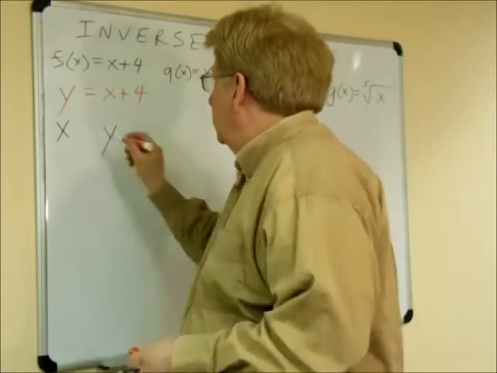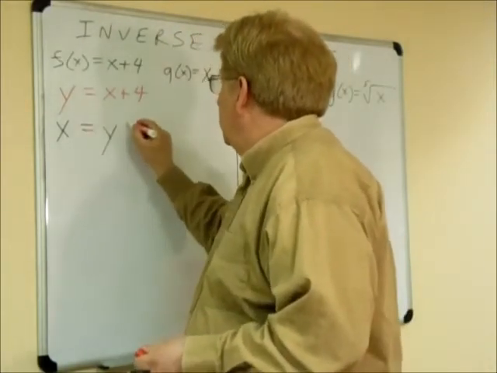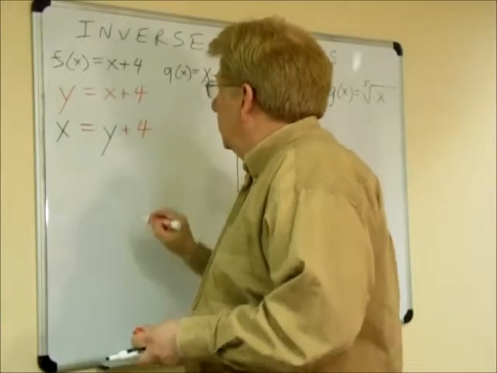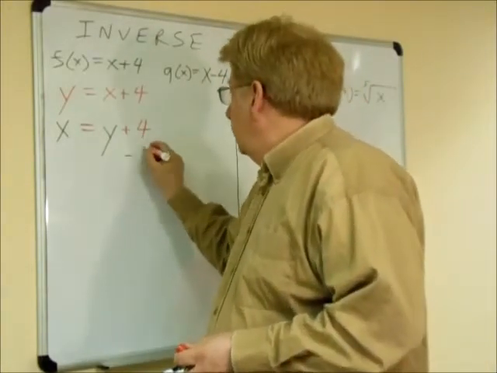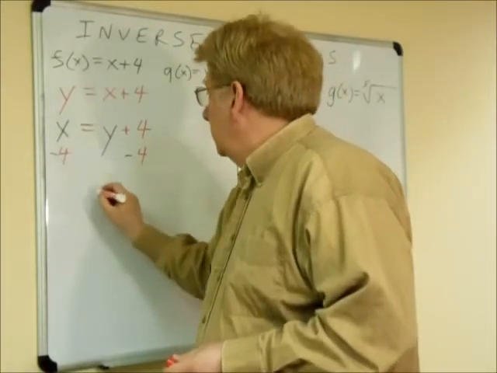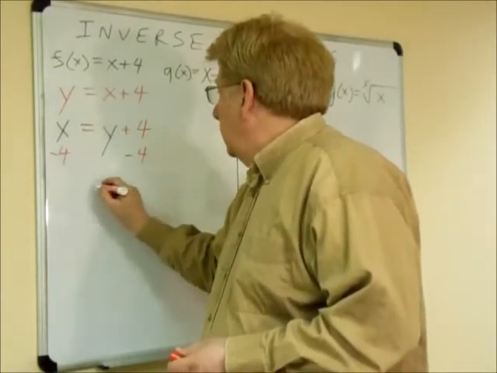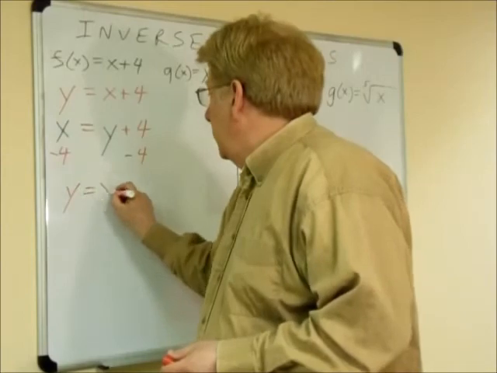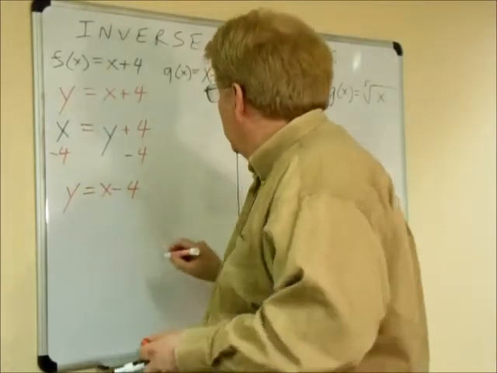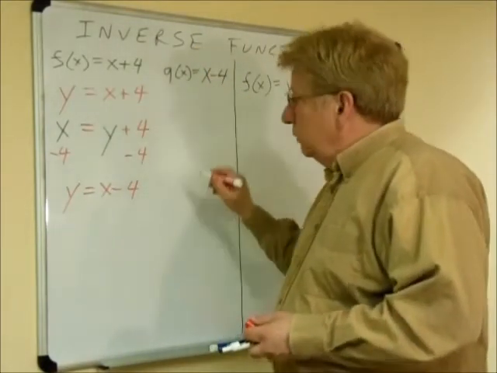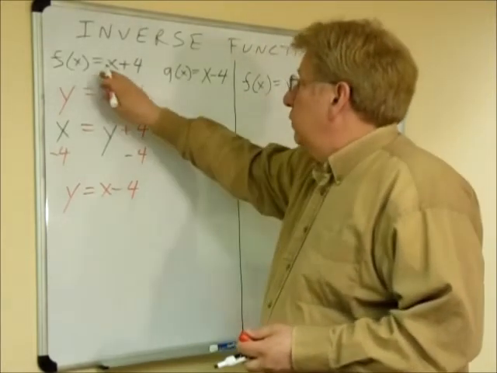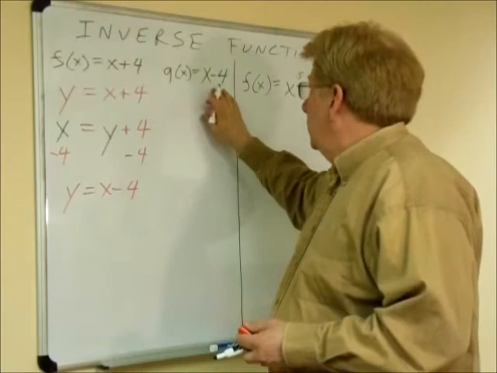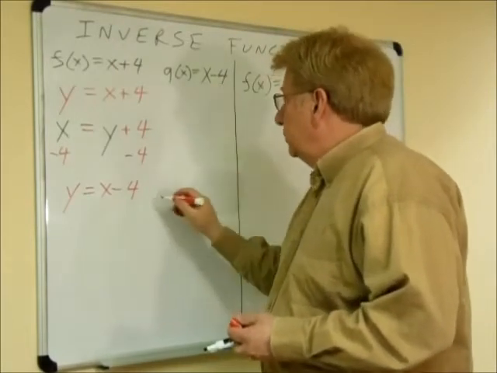Then I have x equals y plus 4. Now I'll solve for y, so subtract 4 from each side, and I have y equals x minus 4. Well, that's what g of x is, so it turns out that the inverse function of f of x is equal to this g of x function.